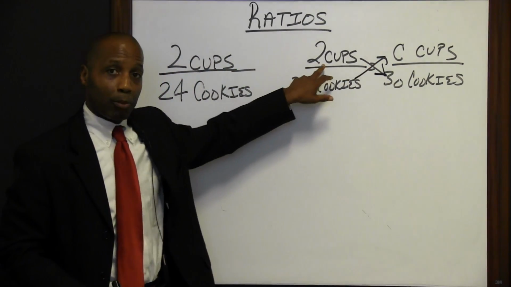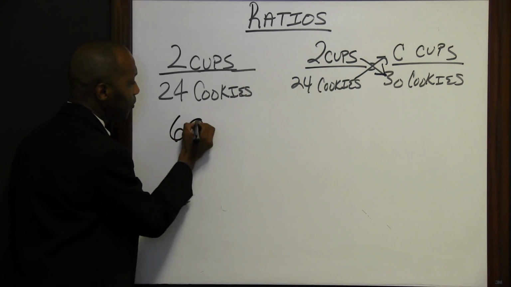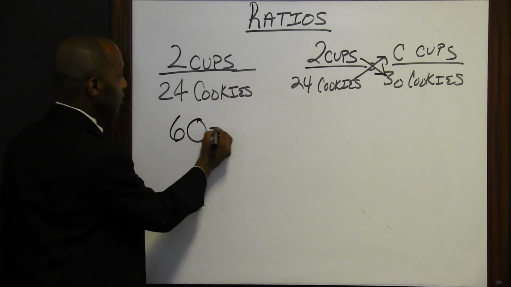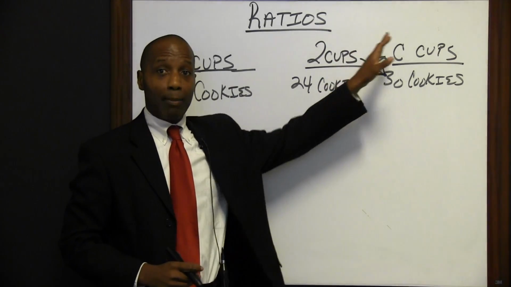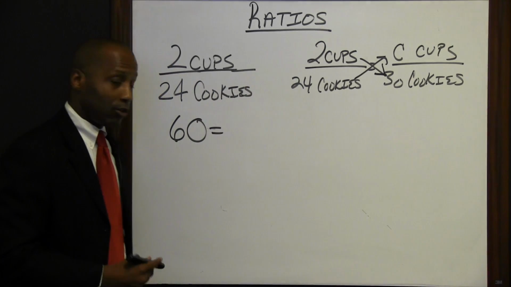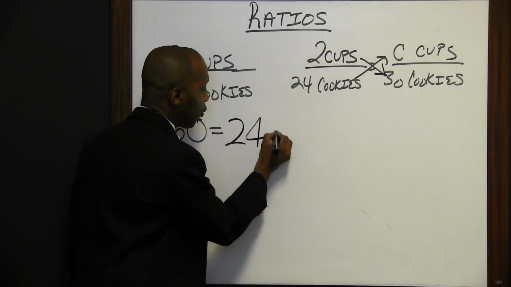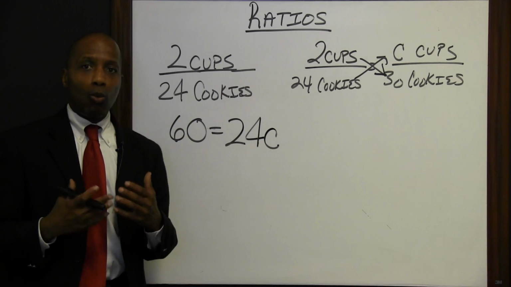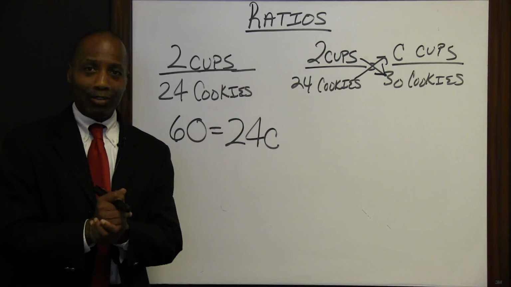So first we'll multiply 2 times 30, which gives us 60. And then we're going to multiply 24 times C. C is the unknown variable. So 24 times C is equal to 24C. Once we've done that, we're going to use another process called isolation.